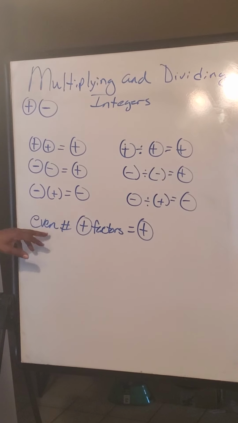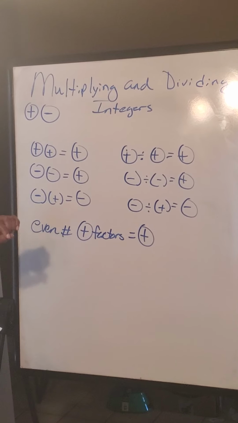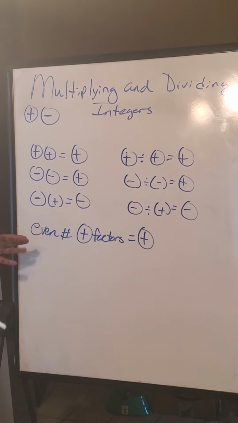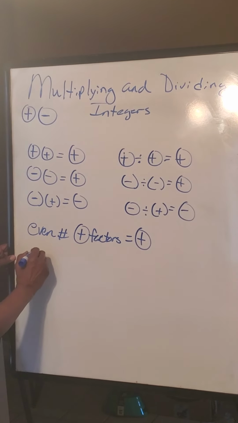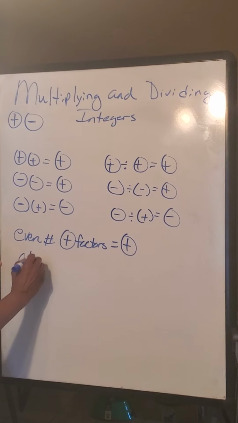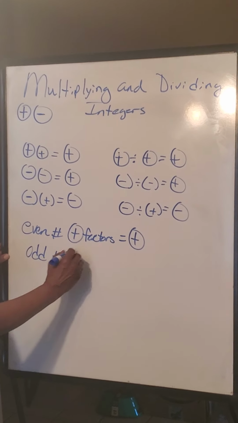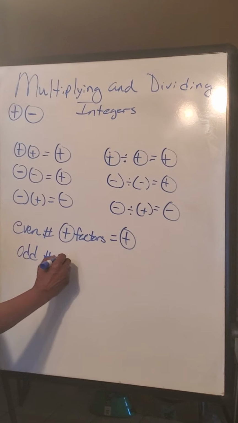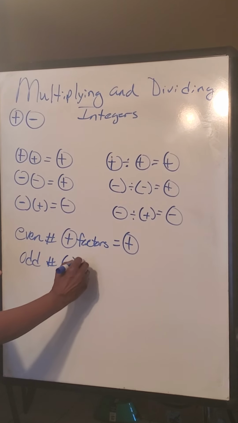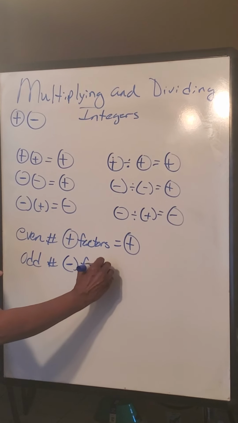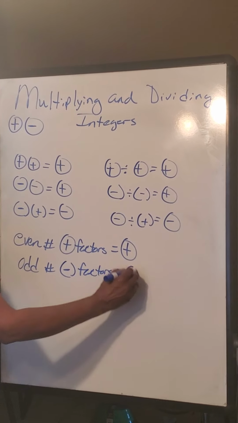So that means that if I have an even number of positives in there, my answer would be positive. If I have an odd number of negative factors, my answer will be negative.